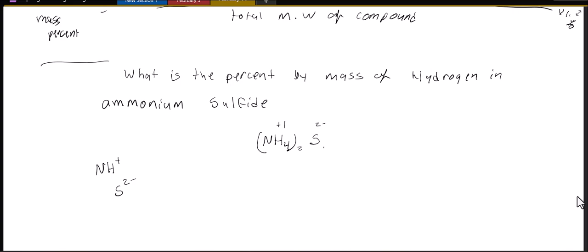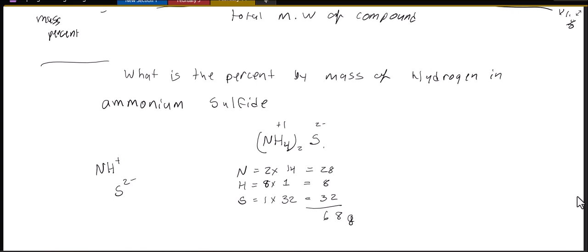Okay, so now I want the percent by mass of hydrogen in ammonium sulfide. Well, I need to write the masses of each element. So nitrogen, I have 2 of them. Hydrogen, I have how many? 8, 4 times 2. And sulfur, I have 1. Nitrogen is 14. Hydrogen is 1. And sulfur is 32. So that's 28, 8, and 32, 68 grams.